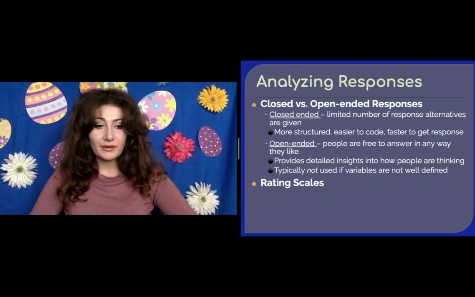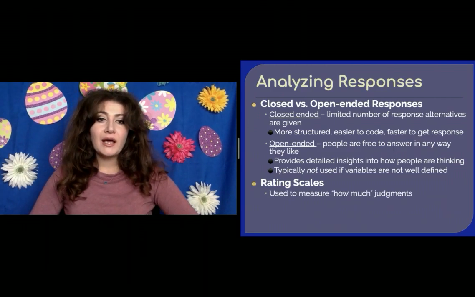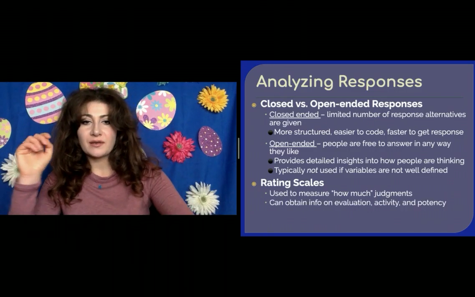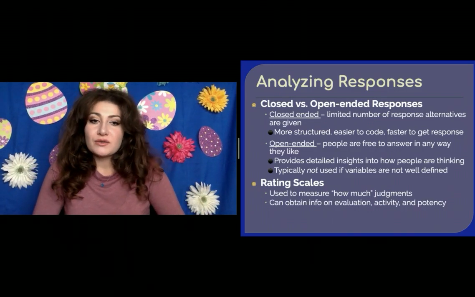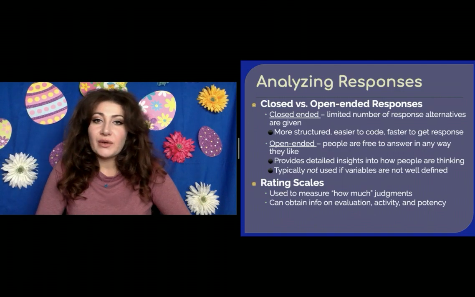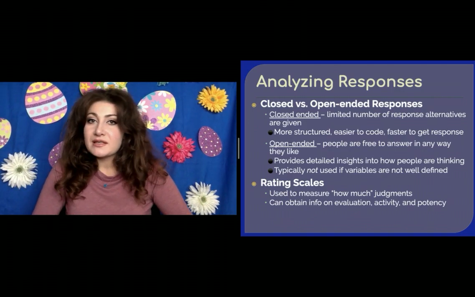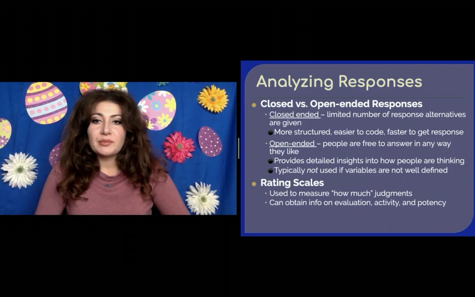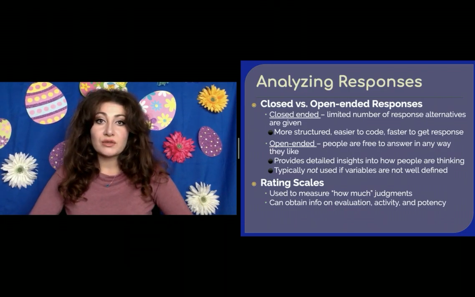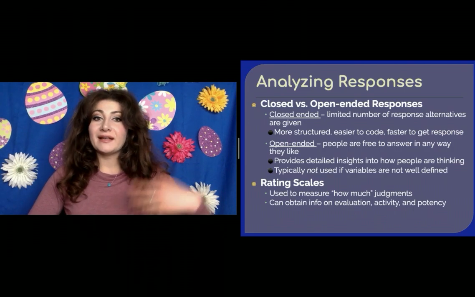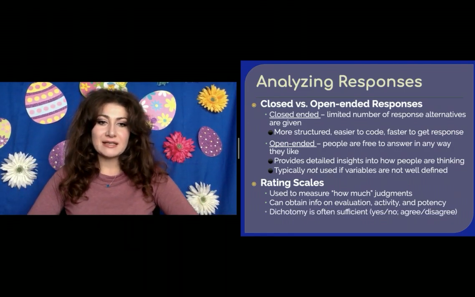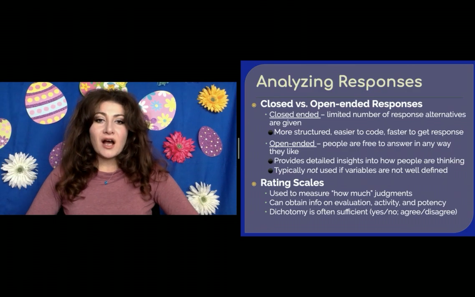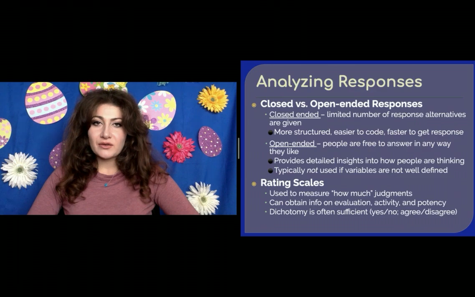Rating scales are extremely popular when we talk about survey creation. And it's basically used to measure judgments of how much of something. This is great because you can obtain information on the evaluation of a product, the frequency of activity with it, how potentially people are able to understand how it works, how likely are people to recommend it to their friends, etc. A dichotomy for rating scales is often sufficient, like a yes or no, agree or disagree.